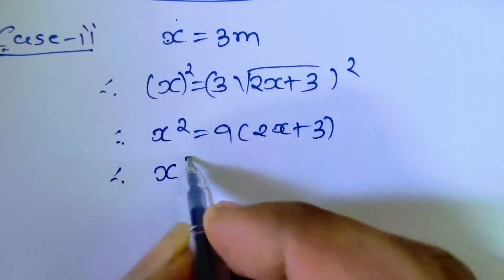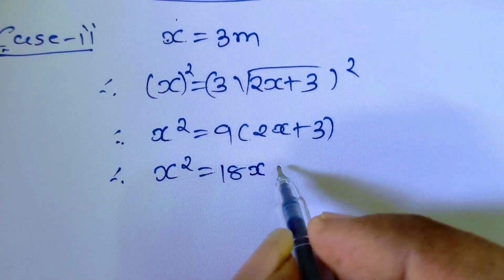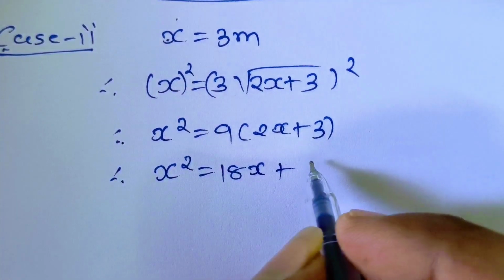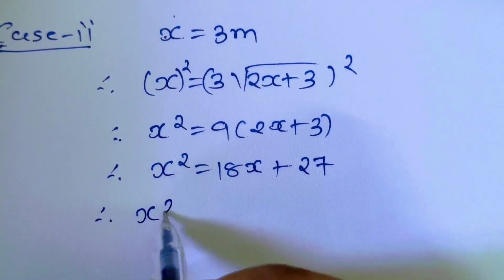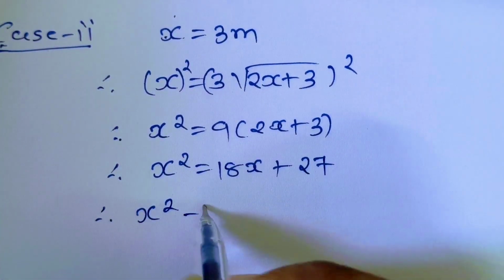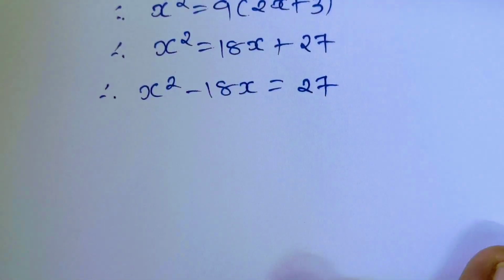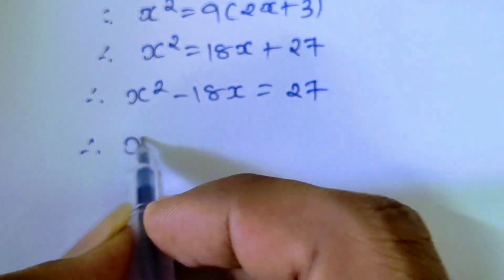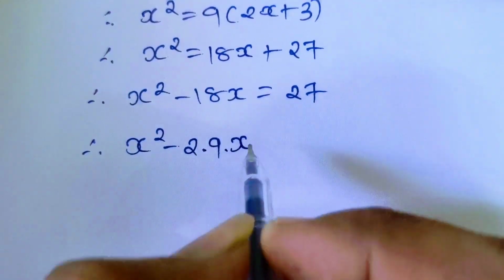Therefore x² is equal to 9 times 2, which is 18x, plus 9 times 3, which is 27. Now x² stays as it is, 18x moves to this side as minus 18x, and 27 stays as it is. Now x² minus 18x means 2 into 9 into x.